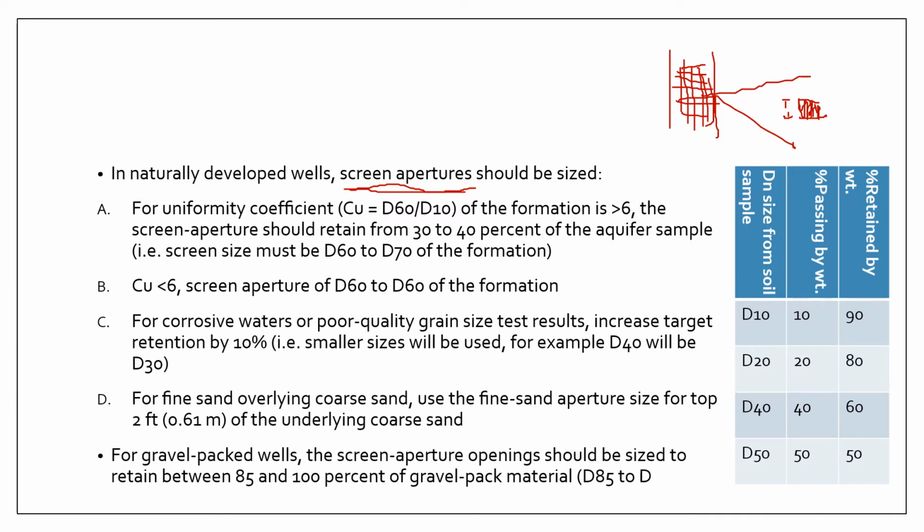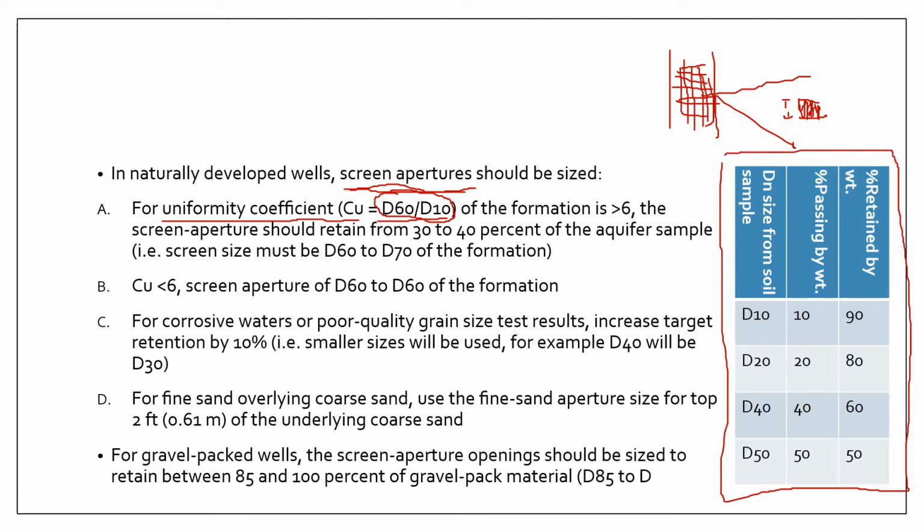Now we have a parameter called uniformity coefficient or CU, and this is just obtained by dividing your D60 by your D10. So some of you might not be familiar with the terms like D10 and D60. So let's go to this table first.